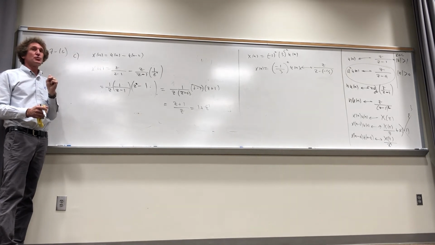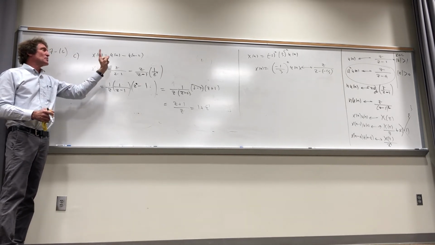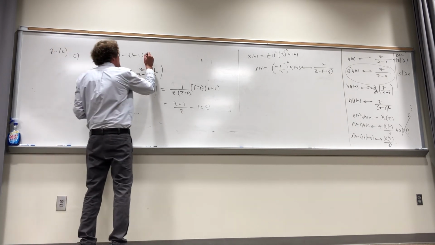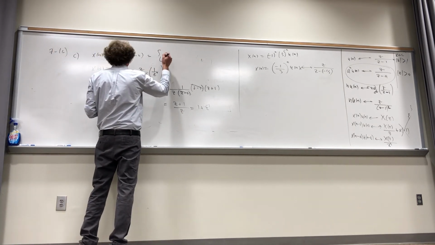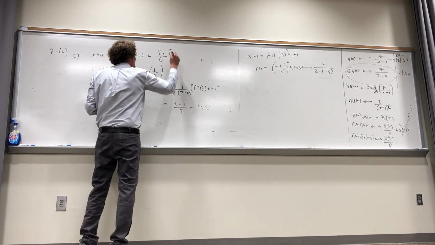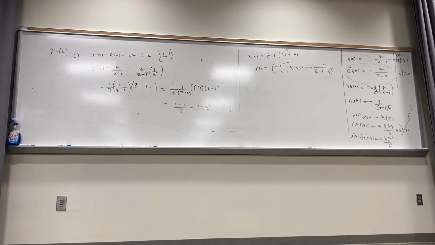N equals 1, it's 1, right? N equals 2, it's 0. So I can write this in curly bracket form. I can say this is 1, 1, and just put the bar right there, because that would be n equals 0. Isn't that right, class? How many see this is the same exact thing?